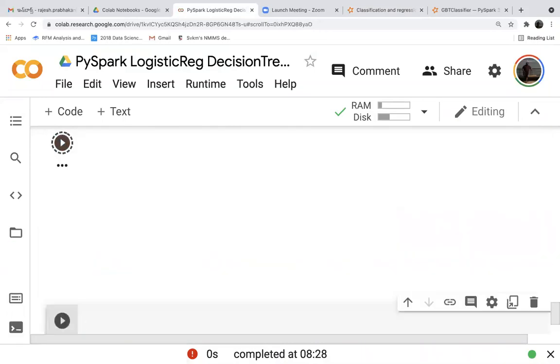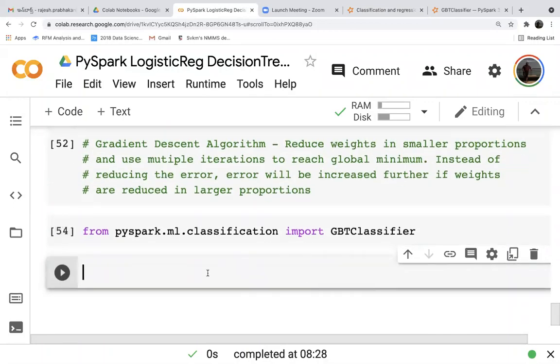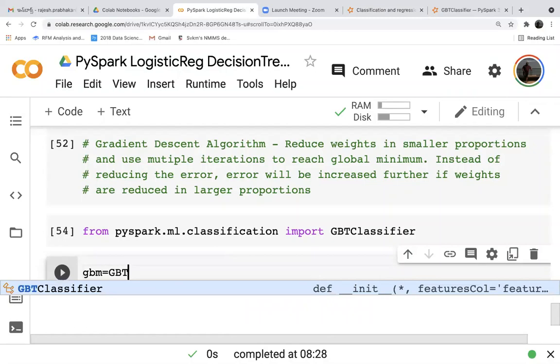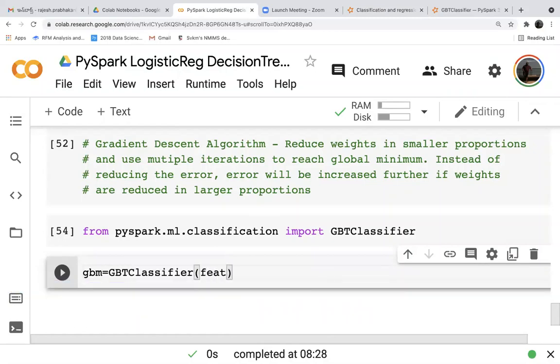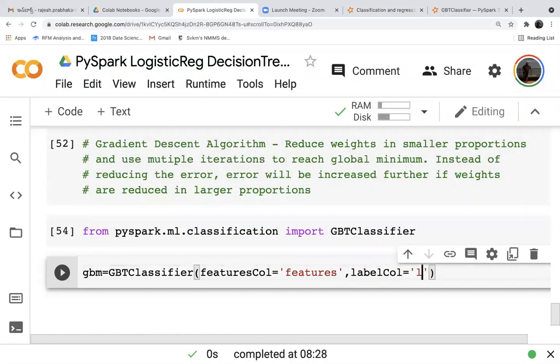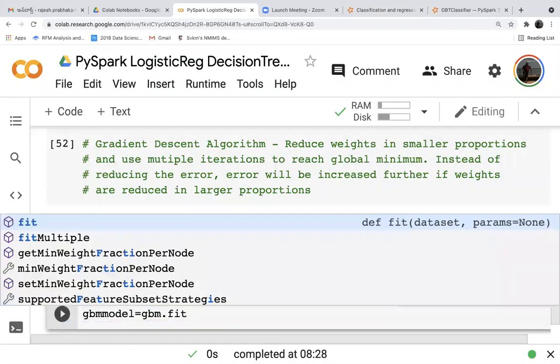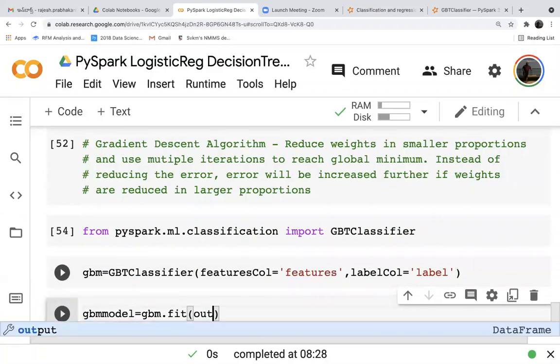So GBM is equal to GBT classifier, featuresCol is equal to features, comma, labelCol is equal to label. So GBM model is equal to GBM dot fit output.